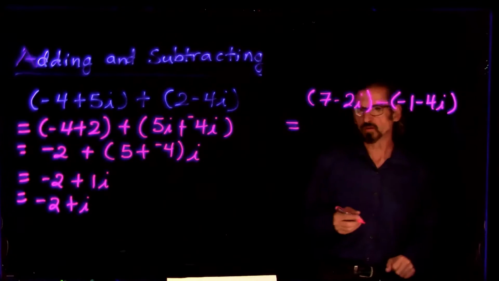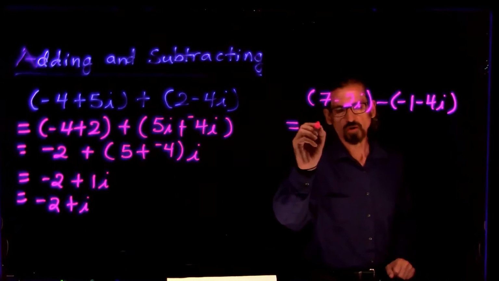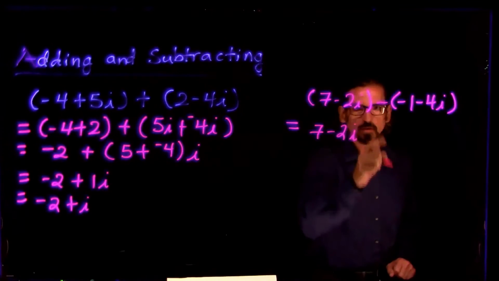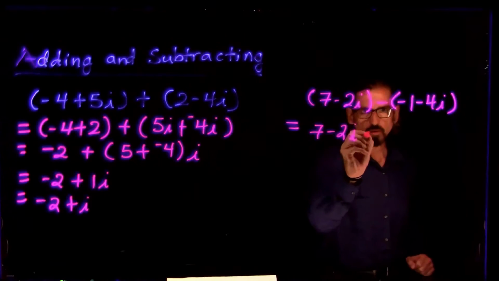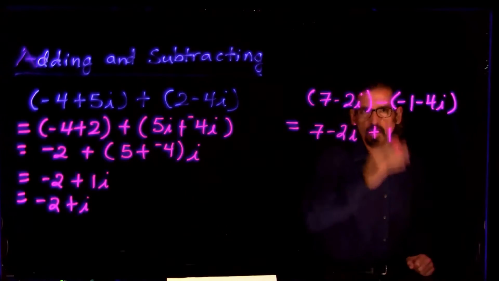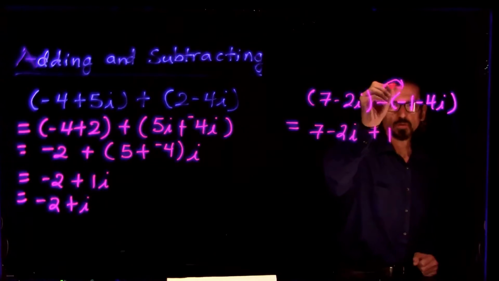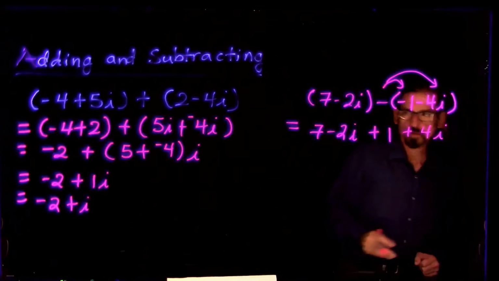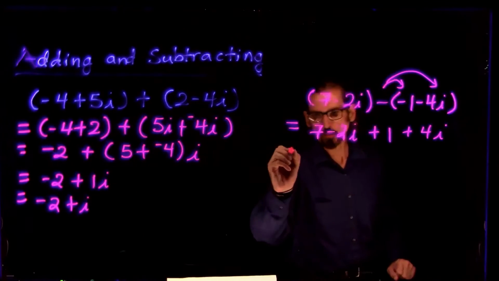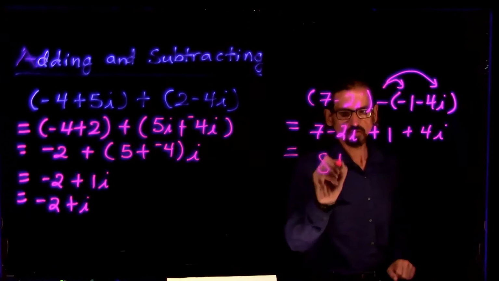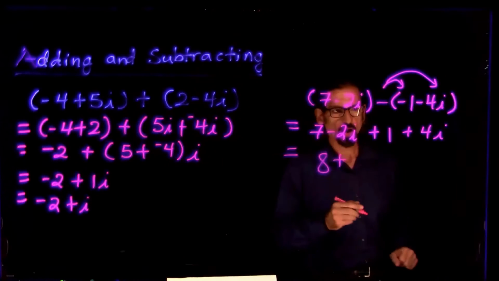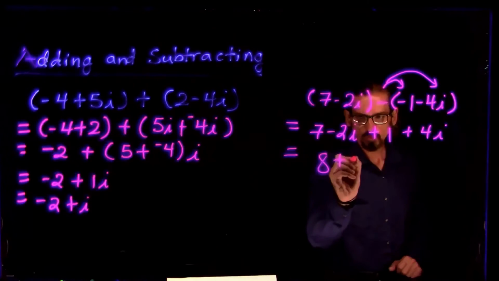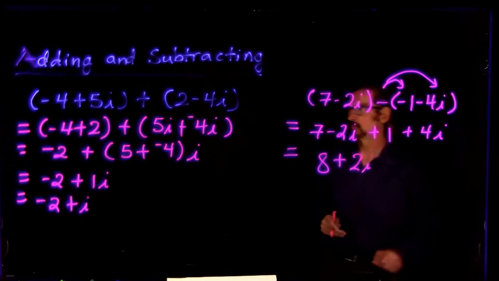And then we can distribute the -1. Well, again, we could write a little bit less. And just say 7 minus 2i, negative of -1, that can be +1. And the negative of -4i, that can be +4i. Get together the 7 and the 1, they're both positive, we have 8. And then -2i plus 4i, -2 plus 4 is 2, so 8 plus 2i.